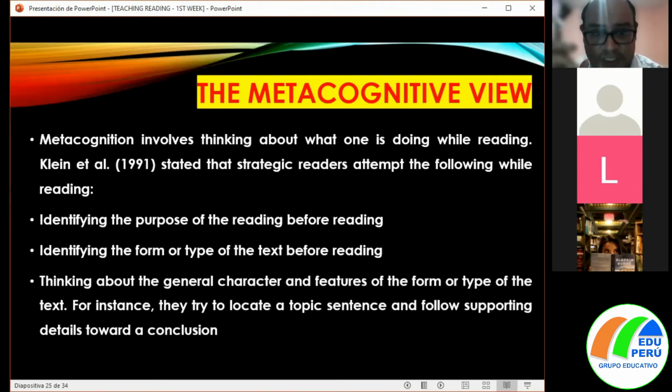So they are going to think about some general characteristics of the form or type of the text. That's why here you have an example. They try to locate a topic sentence. I don't know if you have heard this term before, a topic sentence. What is a topic sentence?